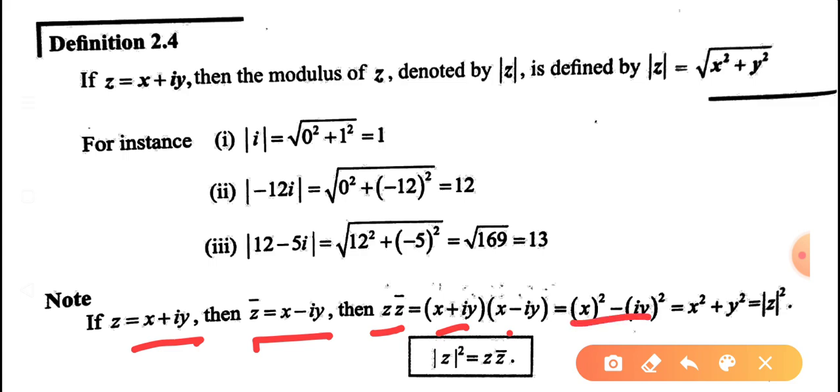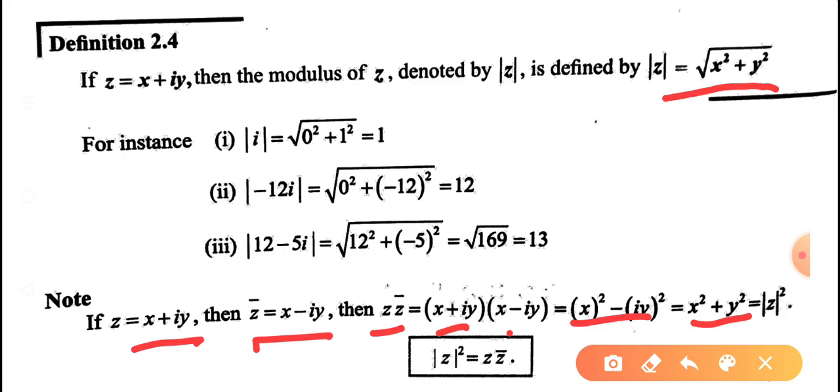So here a square is x square, b square is iy whole square. Here i square times y square, we already have one minus symbol, and i square value is also minus 1. So minus into minus gives plus y square. Comparing with the modulus of z, modulus z is the square root of x square plus y square, while z into z bar equals x square plus y square without the square root.